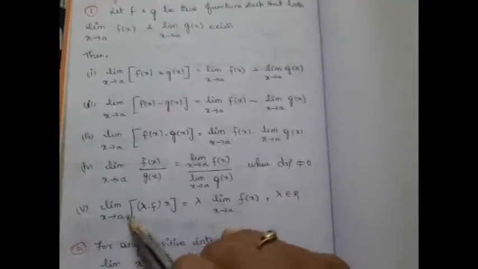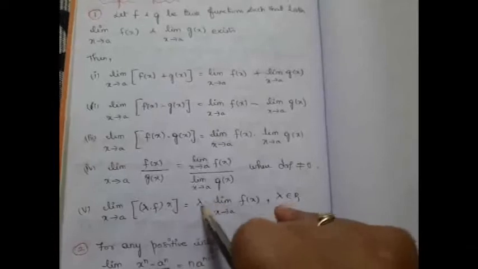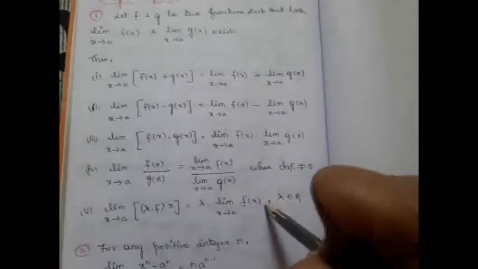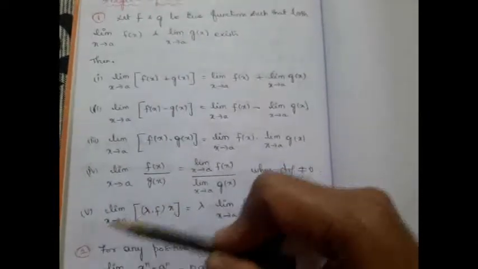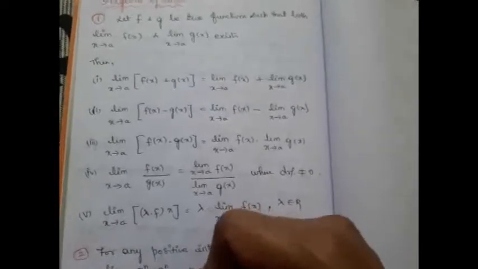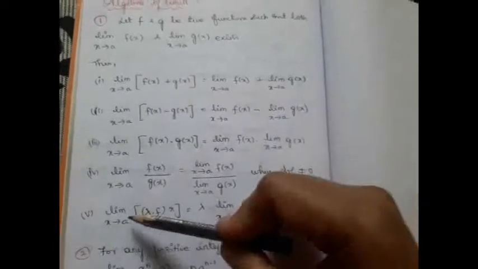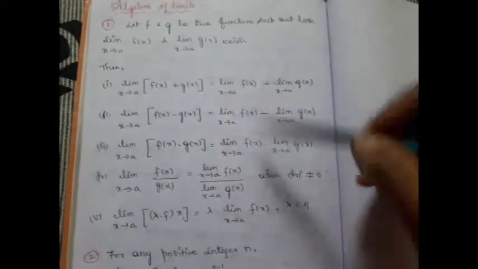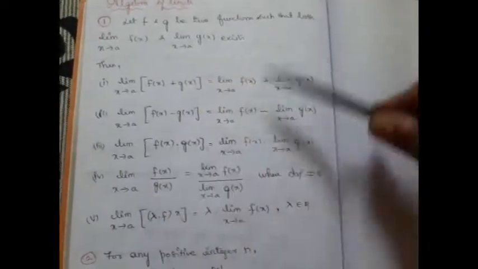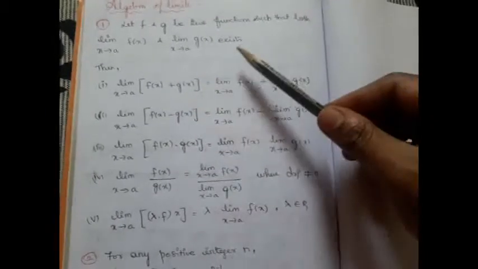Then limit x tends to a lambda into f of x is nothing but lambda into limit x tends to a f of x, because this is independent of x, so you can take it out. That limiting process is not going to affect the scalar, so you can take the scalar out. So all the arithmetic operations are true for the limit of the two functions when they exist.